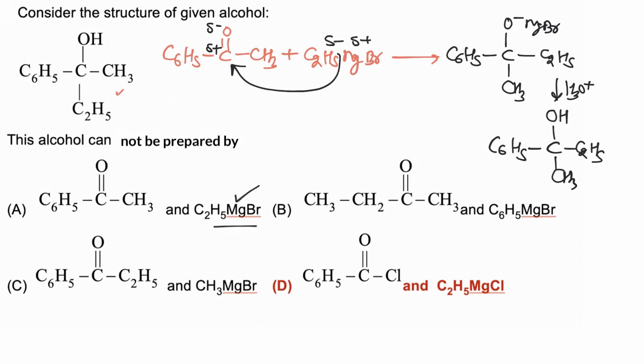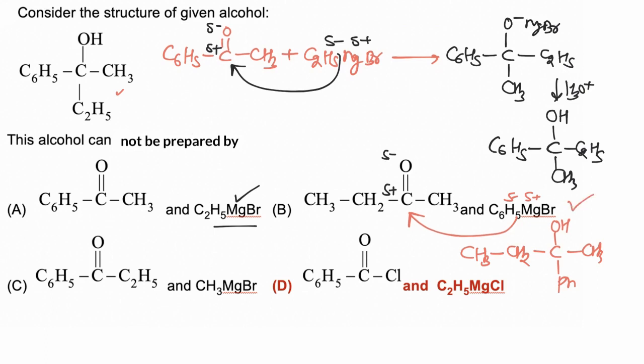Now in the second case, the carbonyl group having a polar pi bond acts as an electrophile, and the Grignard reagent acts as a nucleophile. So finally CH3CH2-C(OH)(CH3)Ph is formed. So from B it can also be prepared.